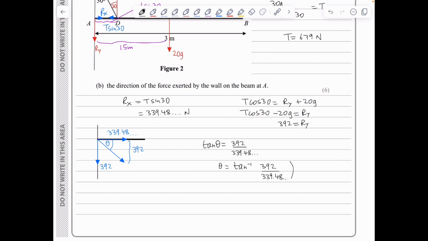This gives an answer of 49.1 degrees. Therefore, we conclude that the force is acting at 49.1 degrees below the horizontal and away from the wall. Please be careful. You will get the final mark only if you mention both the below the horizontal and the away from the wall, because we need to fully specify the direction of the force.